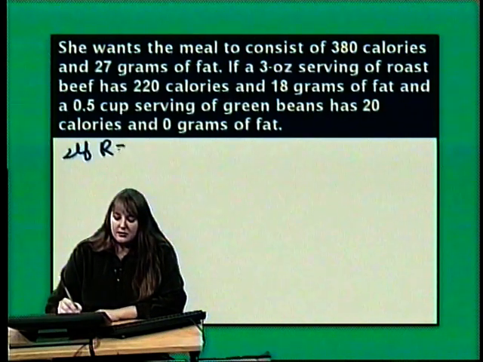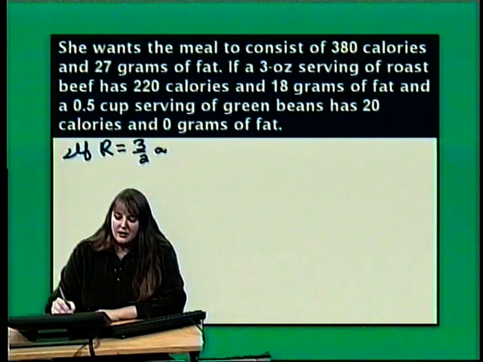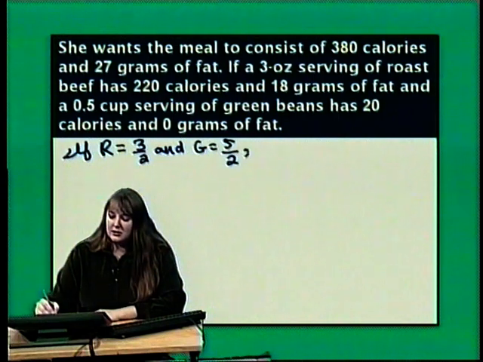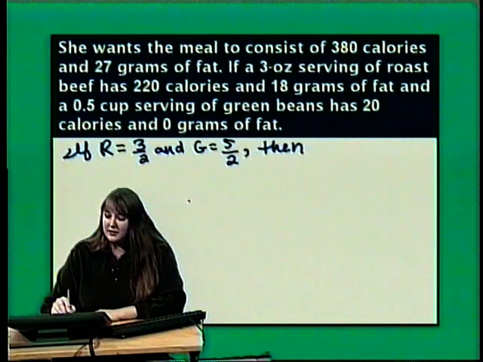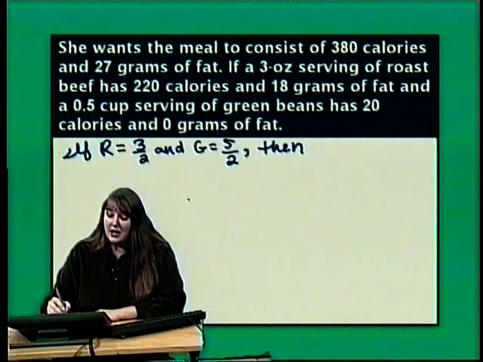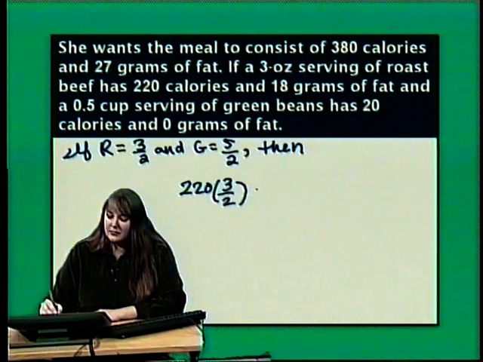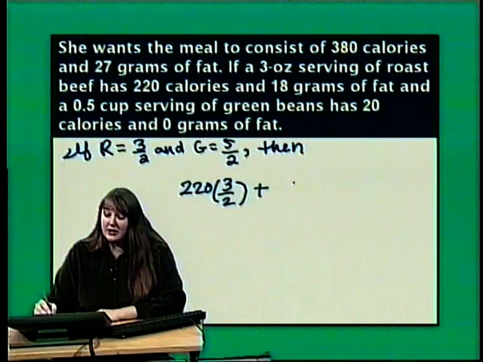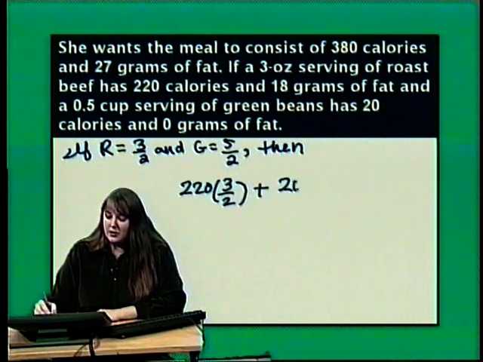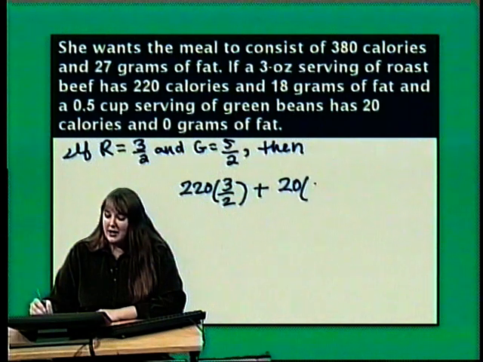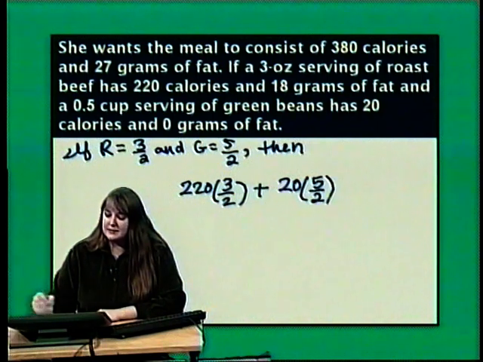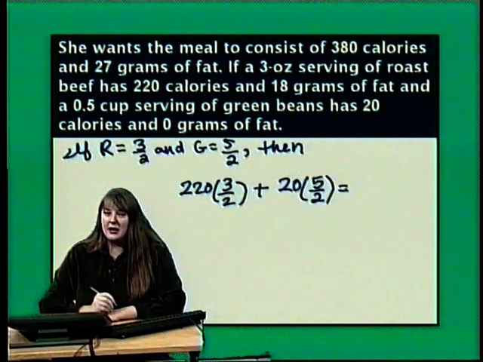So if R equals 3/2 and G equals 5/2, then if we take the 220 calories per 3-ounce serving of roast beef and multiply it by the 3/2, 1.5 3-ounce servings, and add to that 20 calories per half cup of green beans, so 20 calories times the 2.5 servings, which is 5/2 of green beans. We want this to equal 380, does it?